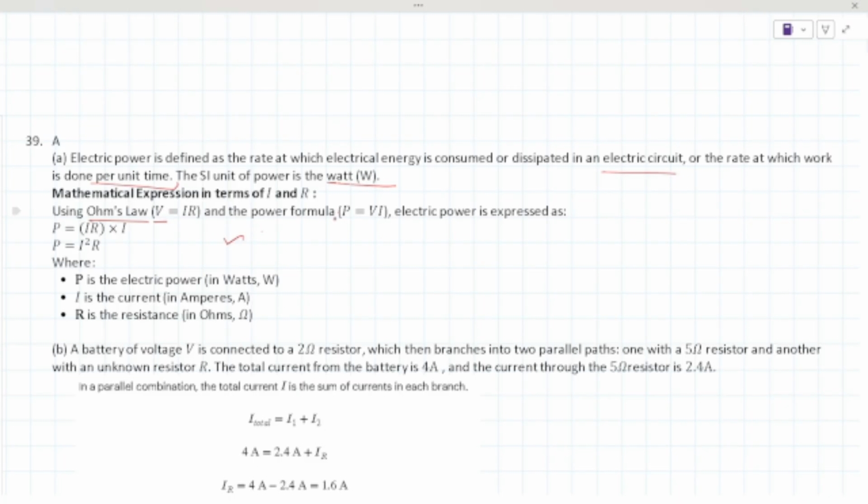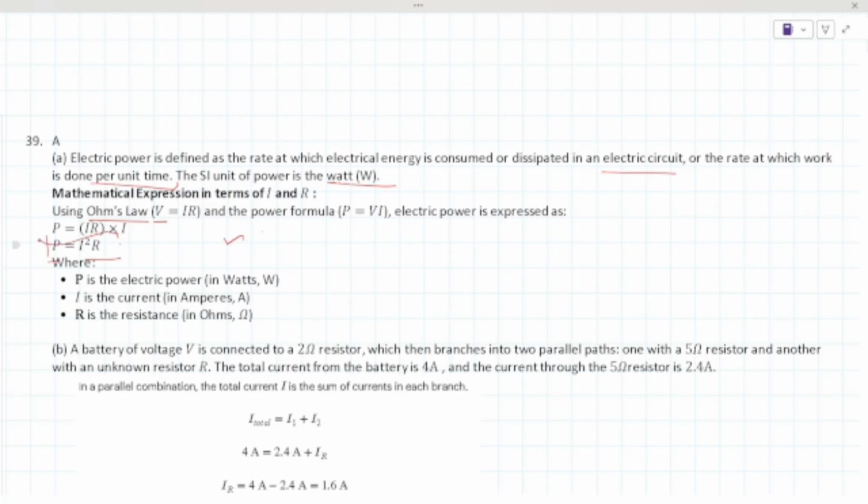The electric power formula in terms of I and R is I square R.